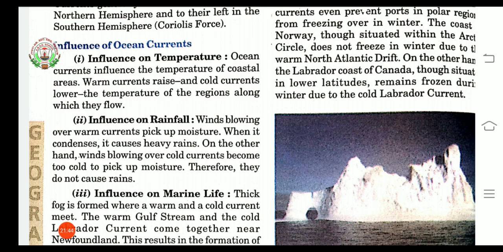How it works: when wind blows over the warm currents, it picks up some moisture from them. Now when this is condensed, meaning cooling down, it will cause heavy rainfall there. On the other hand, let us see if the winds blow over the cold current, then what will happen?